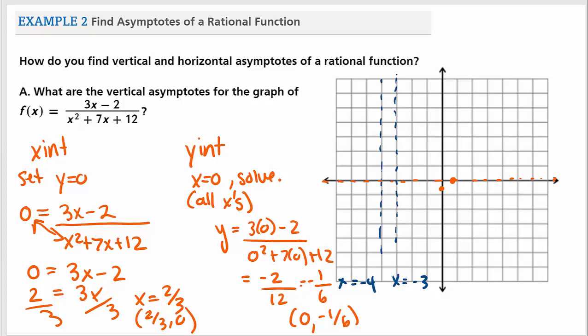Now, those are the 4 key features that we're going to use to eventually graph these. At this point in time, because I don't want to introduce too many new things at once, I want you to go to your graphing calculator and put the equation in your graphing calculator to finish the sketch of this graph.